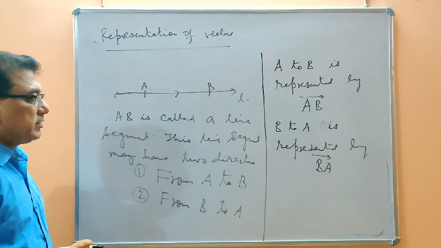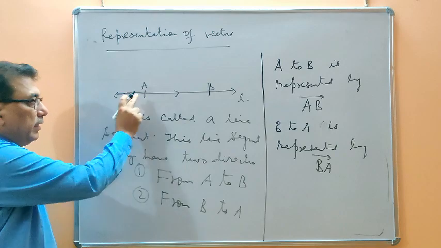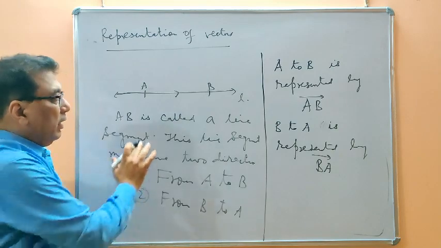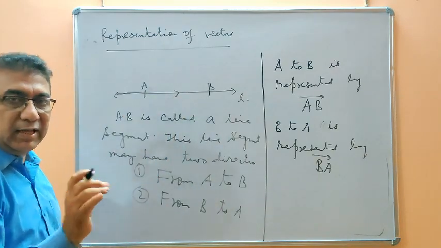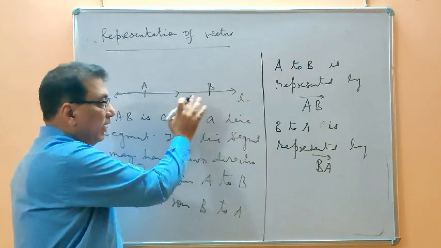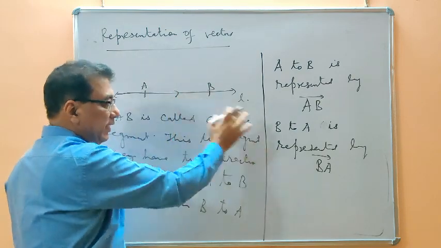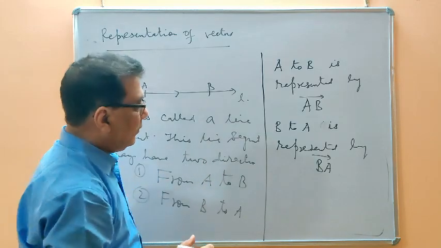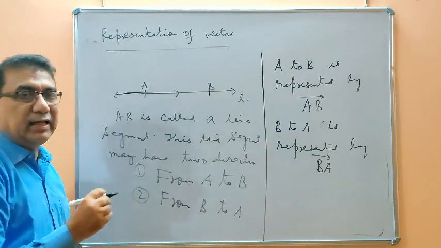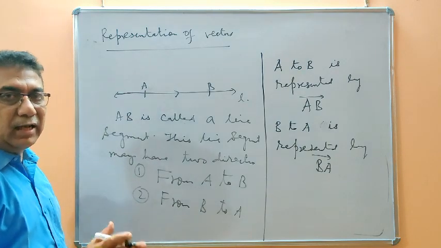Now what is the meaning of this discussion? That a vector quantity is represented by a directed line segment. One more characteristic we find for the line segment, it has definite length. The distance from A to B is called the length of this directed line segment. So the length of AB and BA may be the same, but since their directions are different, we call them different line segments. So a vector is represented by a directed line segment.